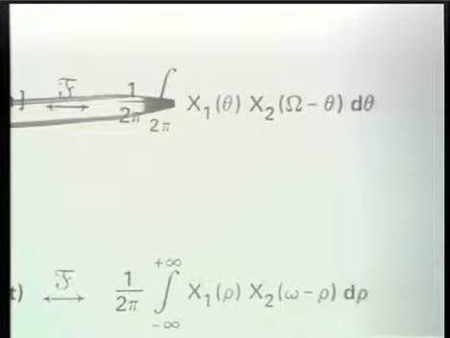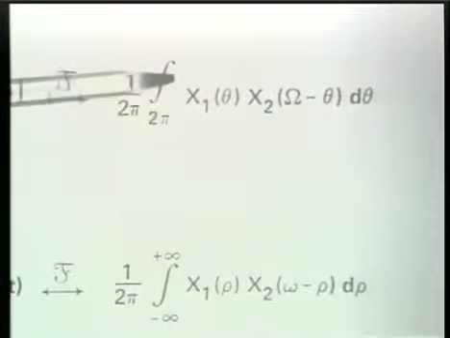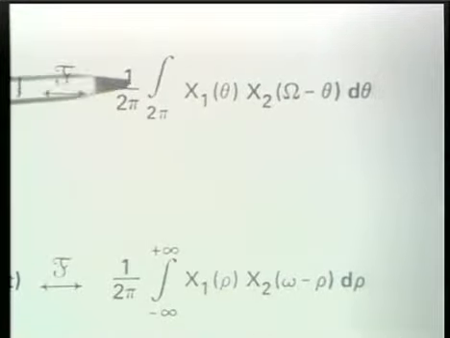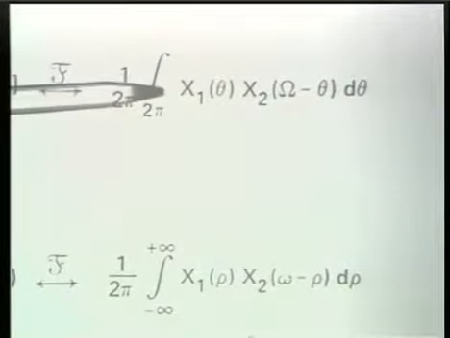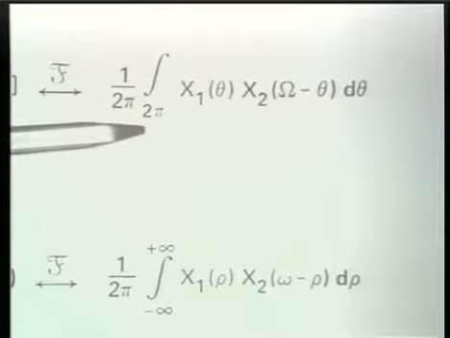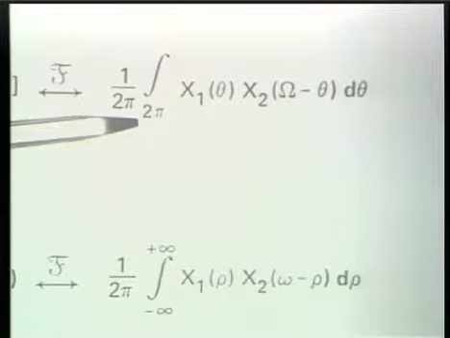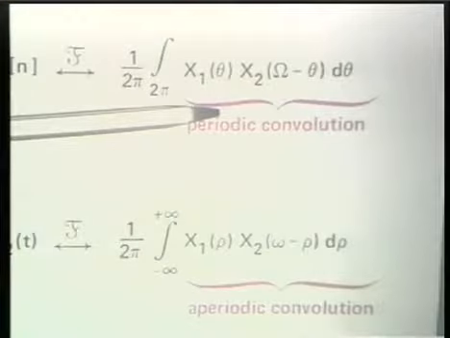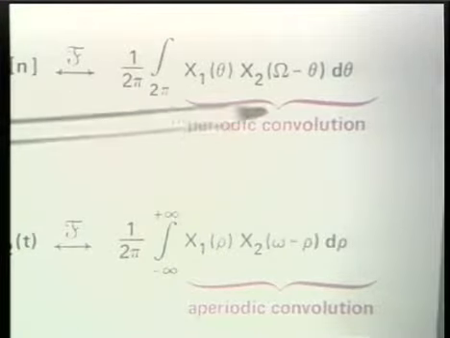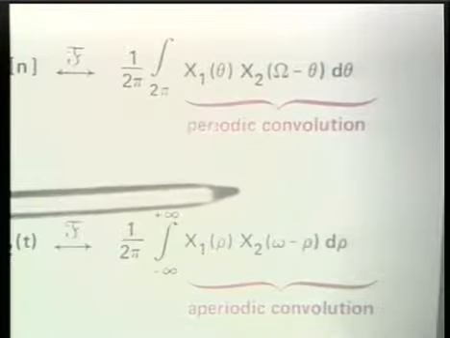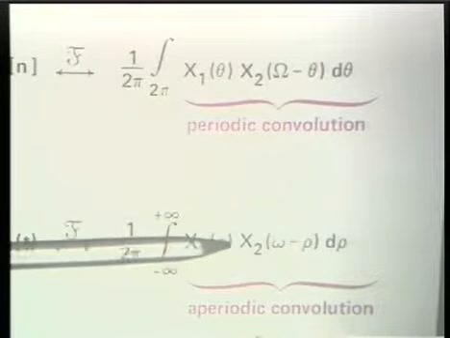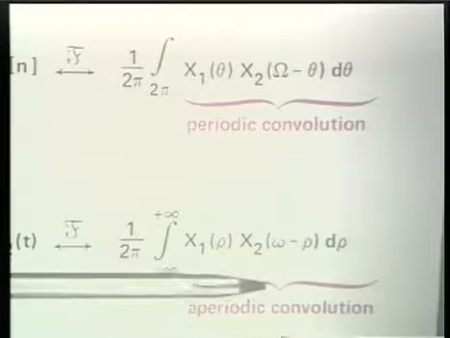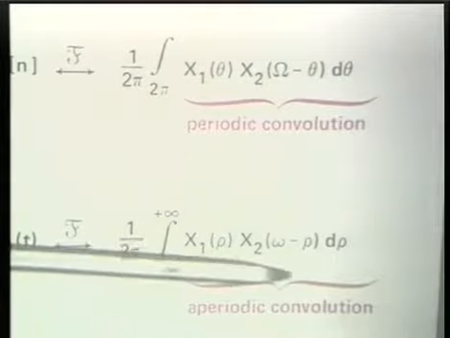The only real distinction between these is that in the discrete time case, in carrying out the convolution, it's an integration only over a 2 pi interval. And what that corresponds to is what's referred to as a periodic convolution, as opposed to the continuous time case, where what we have is an aperiodic convolution.